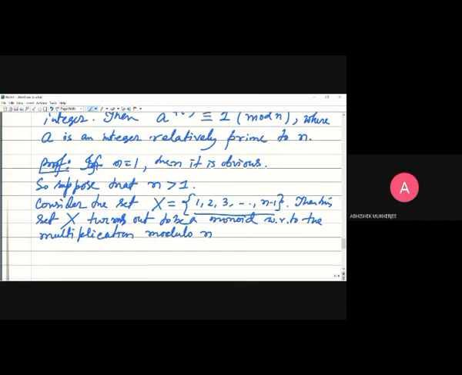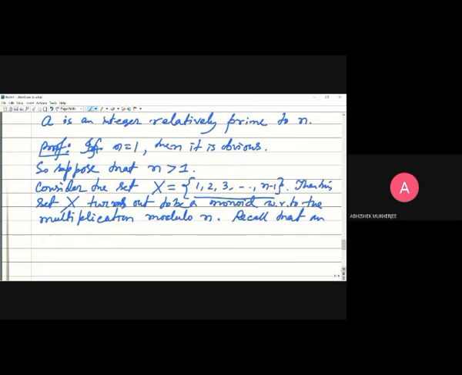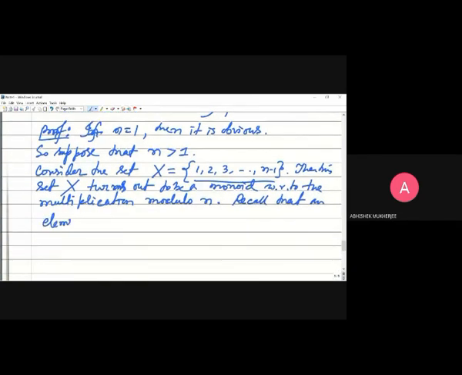So recall that an element k in X is invertible if and only if GCD of k comma n is 1.